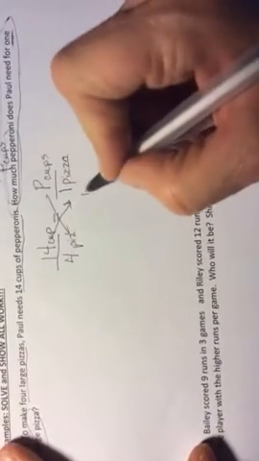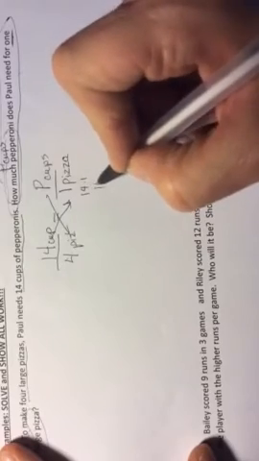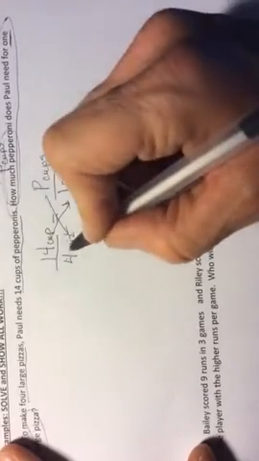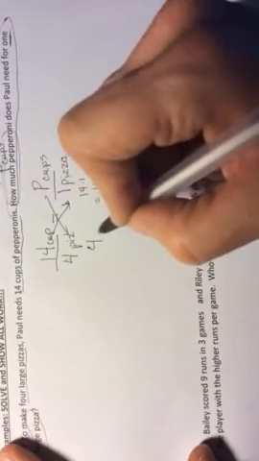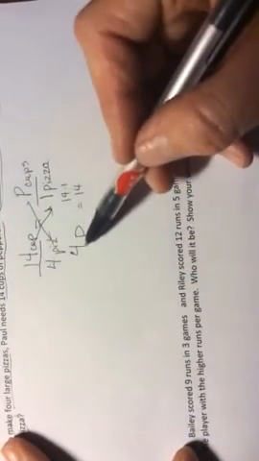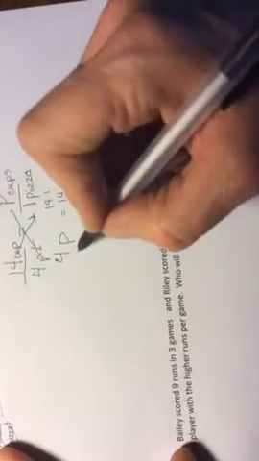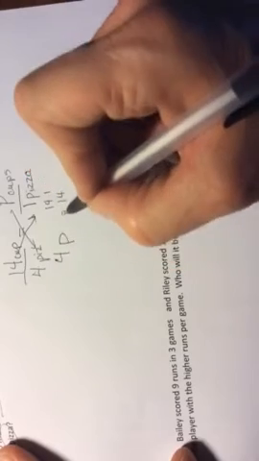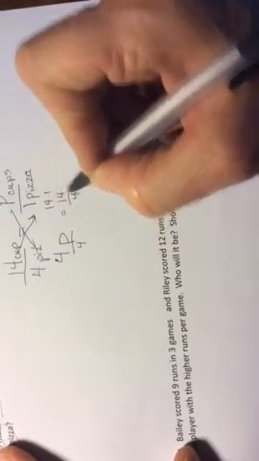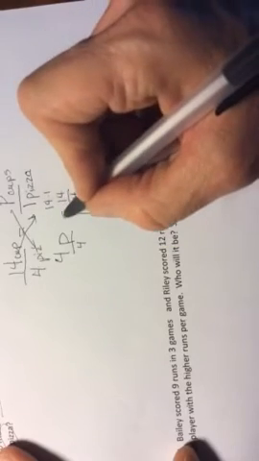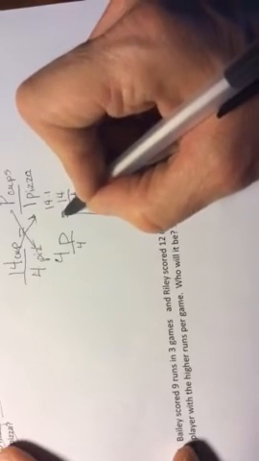So we're going to take 14 times 1, which is 14. And then we're going to take 4 times P, and we write that 4P. We always put the coefficient in front. The number goes in front of the variable. And so now to solve for P, we've already solved equations in a one-step equation. You just divide by 4, and we know we have to do both sides because it's equivalent or balanced.